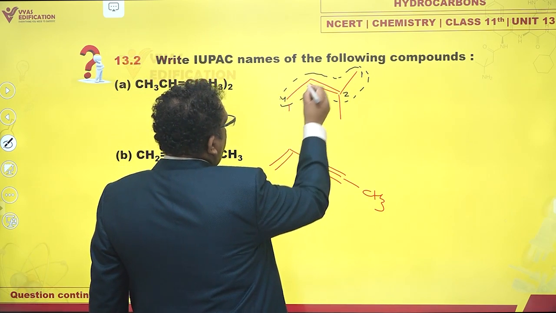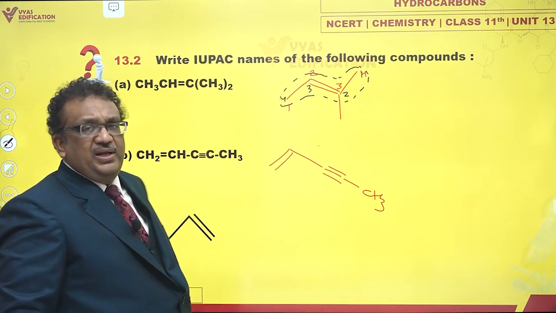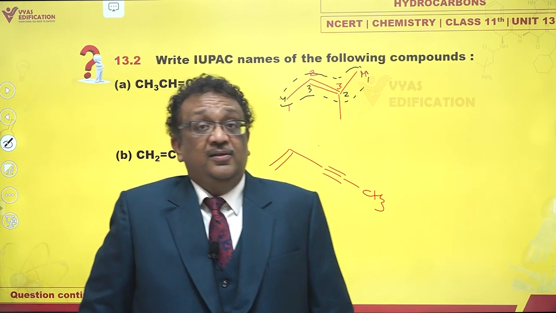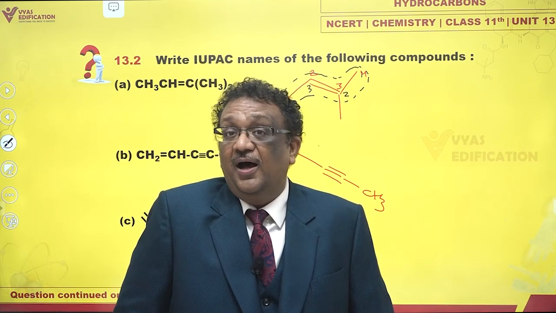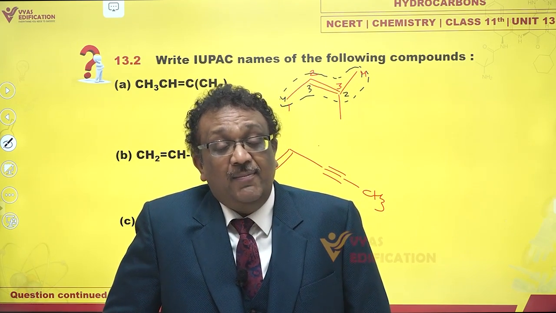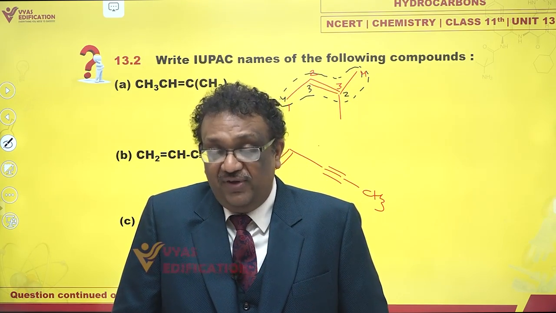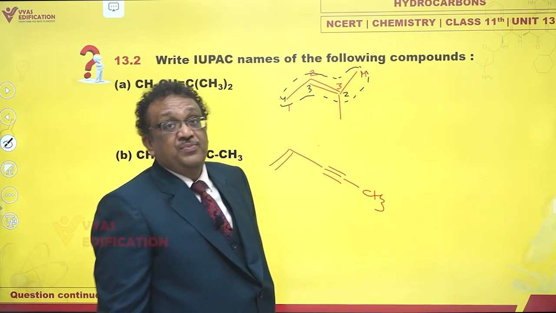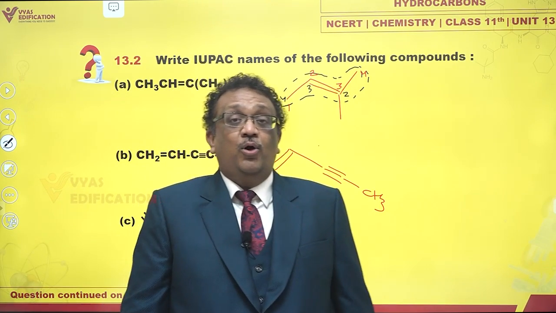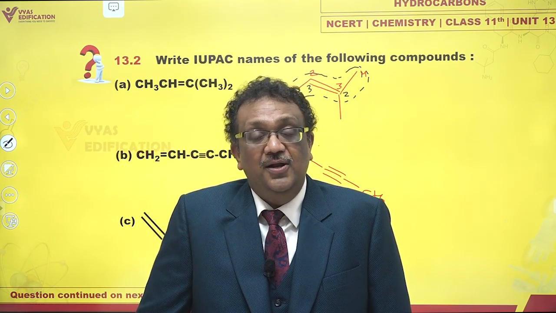What is correct? The second rule says, are there double or triple bonds? Yes, there are. Then you must number them in such a way that the double or triple bond gets the lowest possible locant or number.